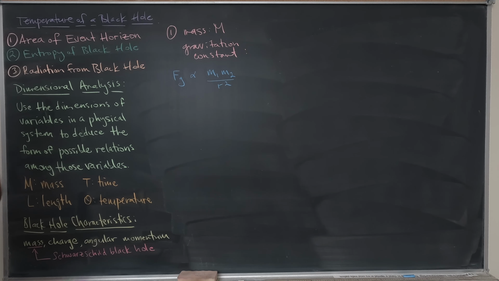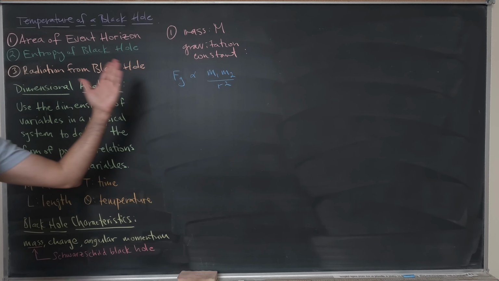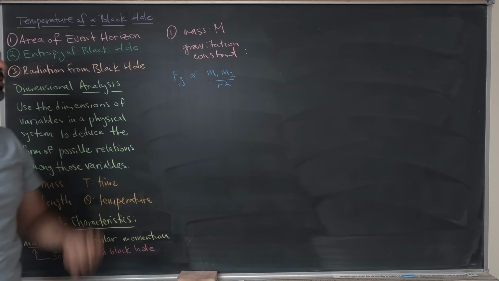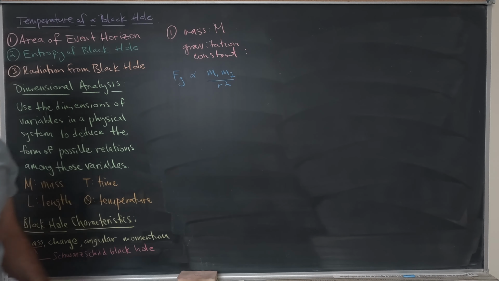What is the proportionality constant that relates the strength of the force of gravity to the expression m1 m2 over r squared? That is precisely capital G, Newton's gravitation constant.